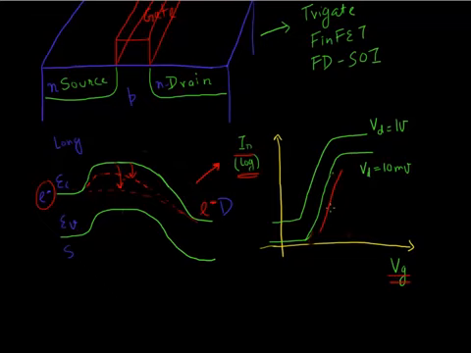So two things to point out here: the slope of this exponential increase, which is also known as the subthreshold slope, denoted by SS. And another thing to point out is the voltage at which you start seeing this exponential increase. That is also known as the threshold voltage, or the VT.